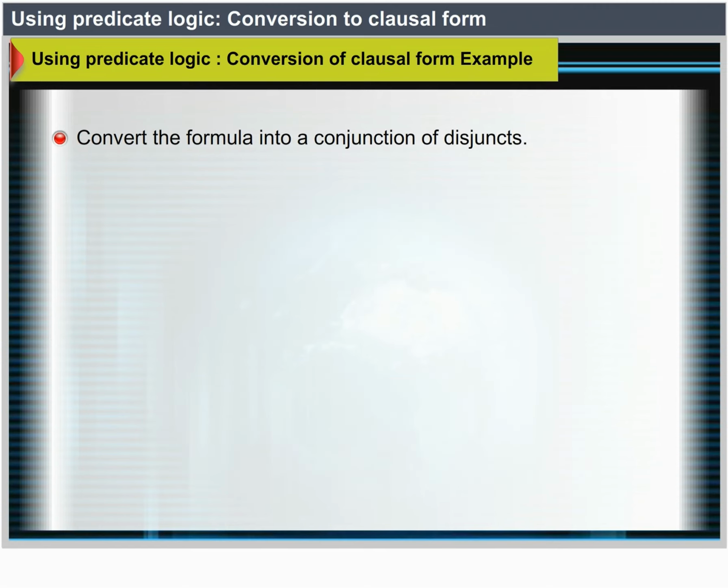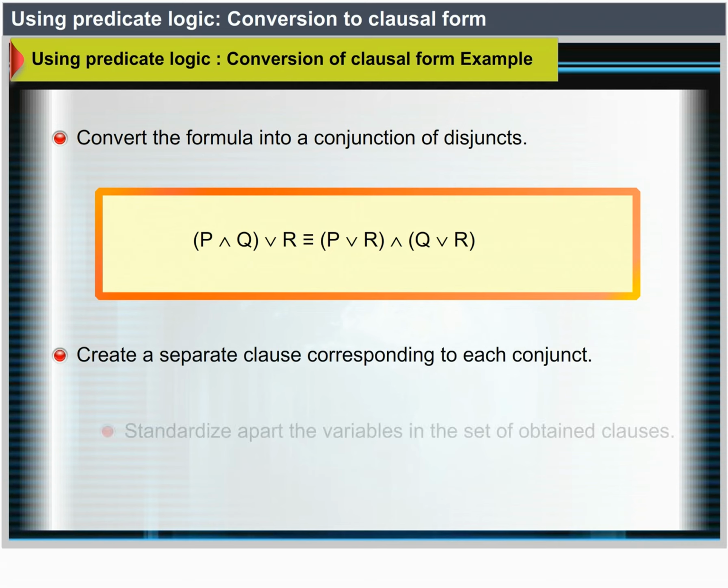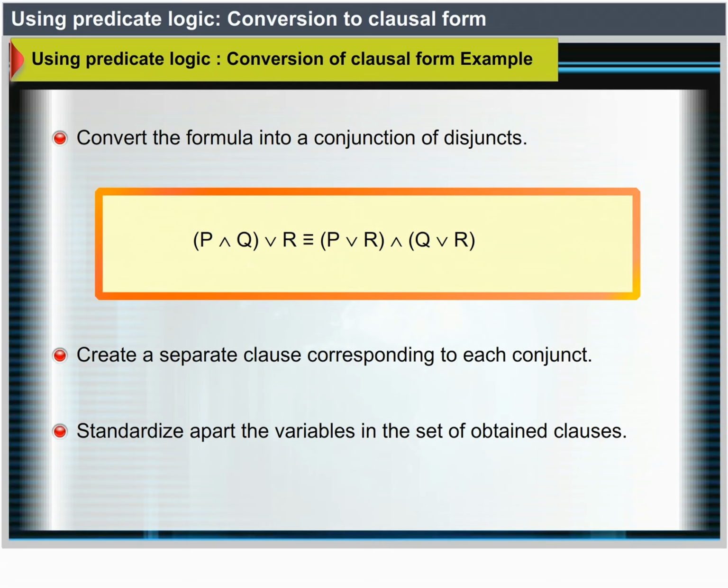Convert the formula into a conjunction of disjuncts: P and Q or R is equivalent to (P or R) and (Q or R). Create a separate clause corresponding to each conjunct. Standardize apart the variables in the set of obtained clauses.